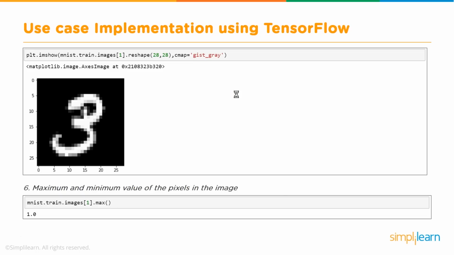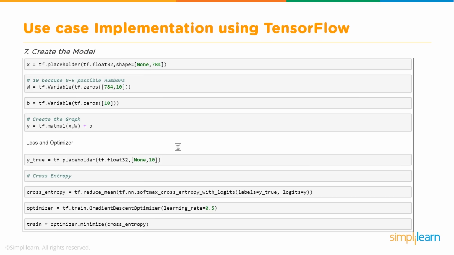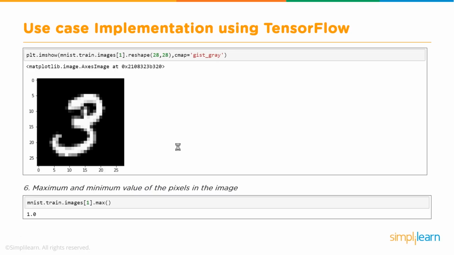These are the maximum and minimum values of the pixel values. Maximum is 1 because this is a scaled value. So 1 means it is white, and 0 means it is black, and in between it can be anywhere between black and white.